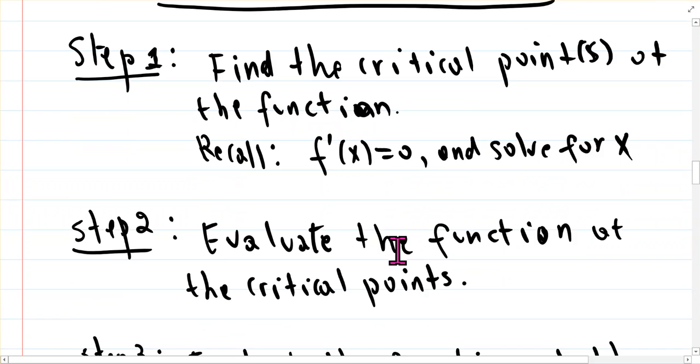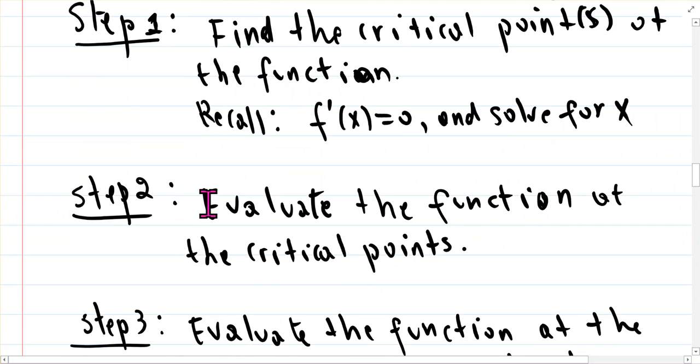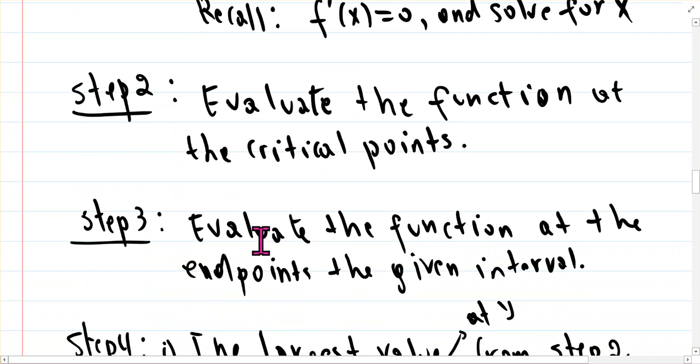After you're done with the critical points, you evaluate the function at those critical numbers. That's step 2. Step 3, you evaluate the function at the endpoints of the interval that is given to you.